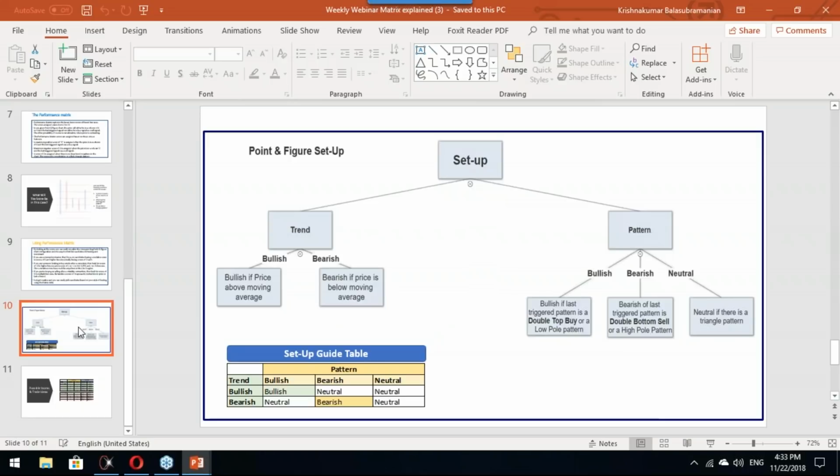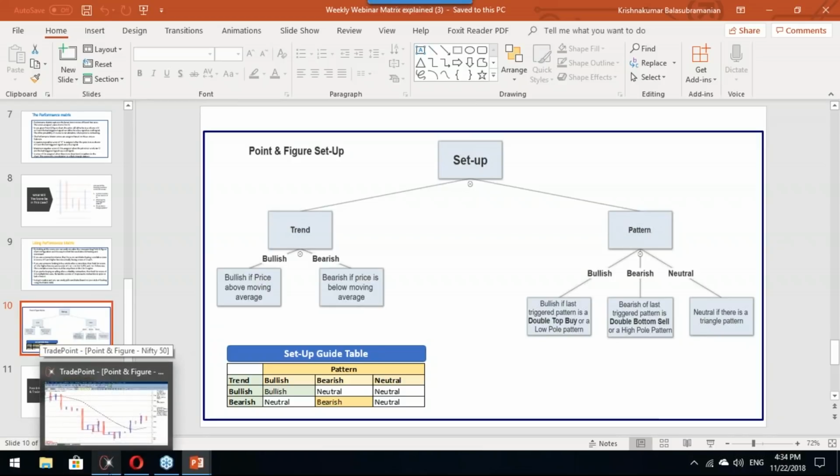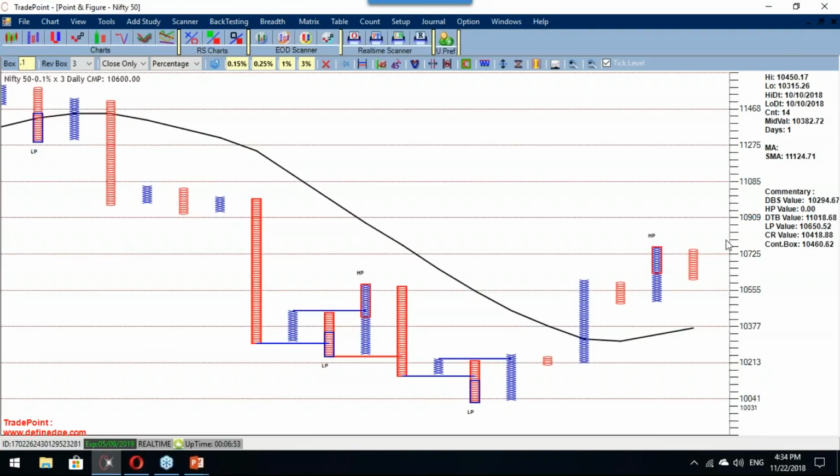Setup consists of trend and pattern. Trend is nothing but where the price is in relation to the moving average. So if the price is above the moving average, trend becomes bullish, and otherwise it's bearish. And of course, pattern, we have three different possibilities: bullish, bearish, and neutral. So here price is above the moving average, trend is bullish, but the pattern has become bearish, right?